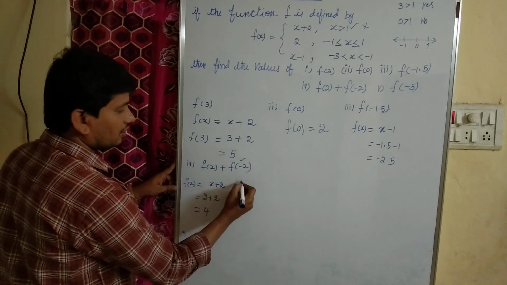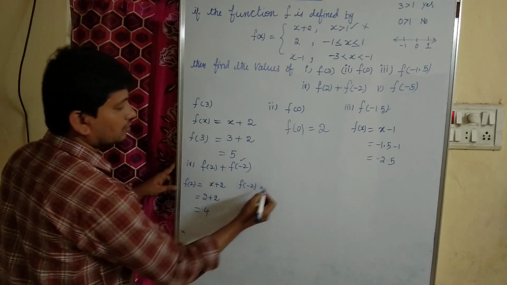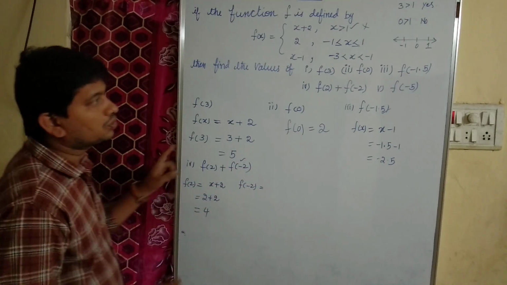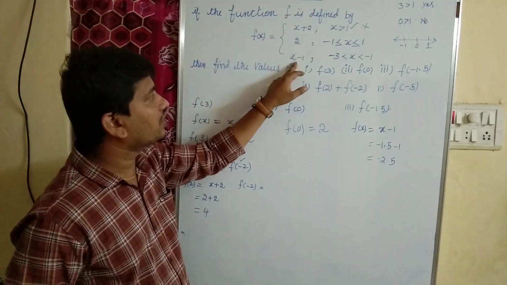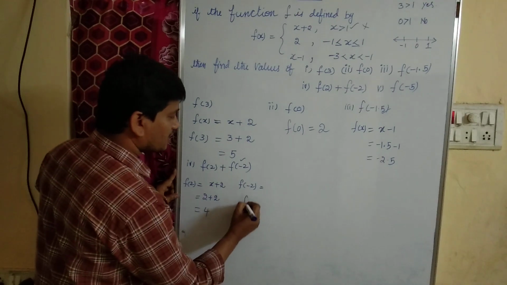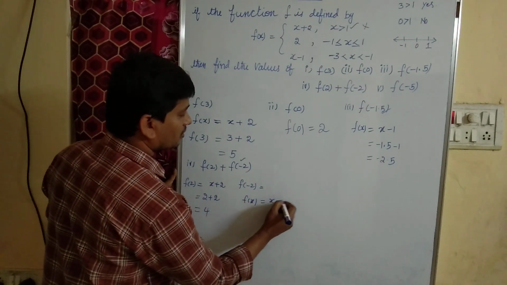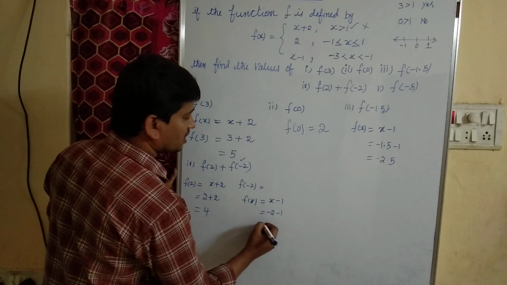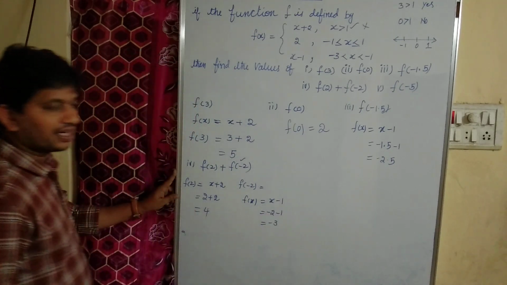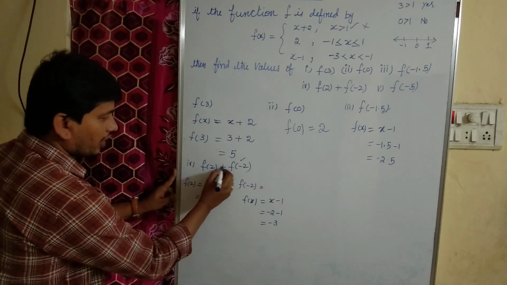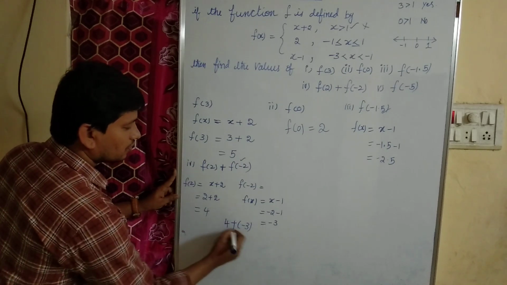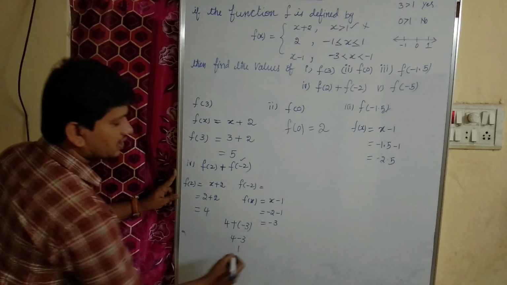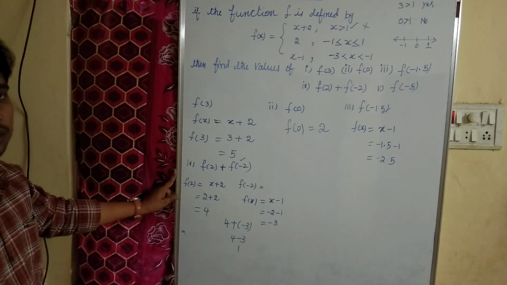Now let us find f of minus 2. As minus 2 lies between minus 3 and minus 1, you need to go with the function f of x as x minus 1. I mean minus 2 minus 1, which is equal to minus 3. In between we have addition, I mean 4 plus minus 3. So 4 minus 3, that is equal to 1.